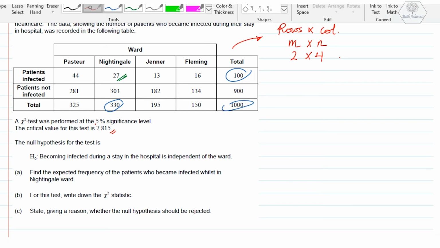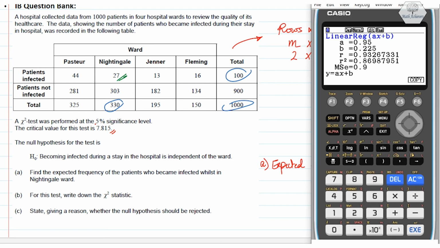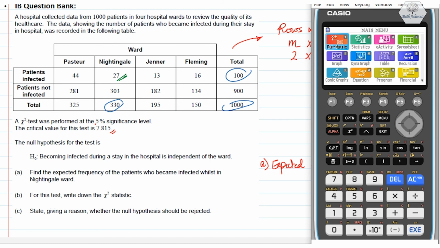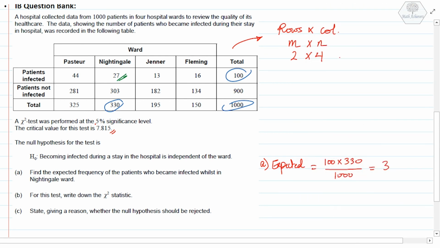So for part A, the expected value is equal to 100 times 330 over 1000. Using the calculator, I have 100 times 330 divided by 1000. It's equal to 33. So this value is 33.